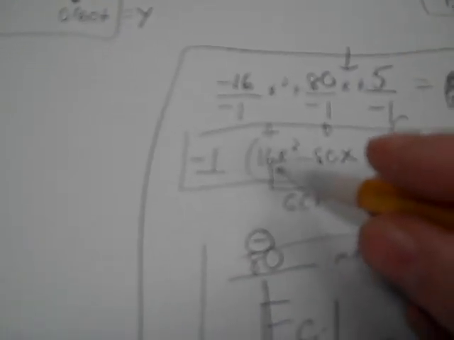And then b itself is negative 80. Then I have A, which is 16. C, which is negative 5. Remember, you have to get the 5 in as a negative. Okay? And then 2 times A, but A is 16.